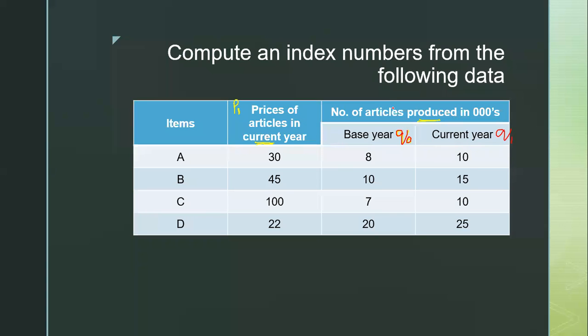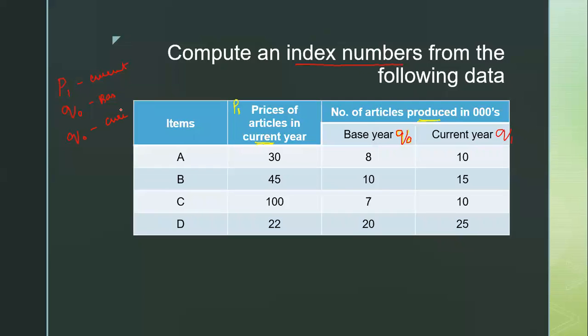When you see this information, in the question they have said compute index number. Now you must be confused whether it is a price index or a quantity index. But when you see the table, they have given P1, that is price of the current year, quantity of the base year, quantity of the current year.